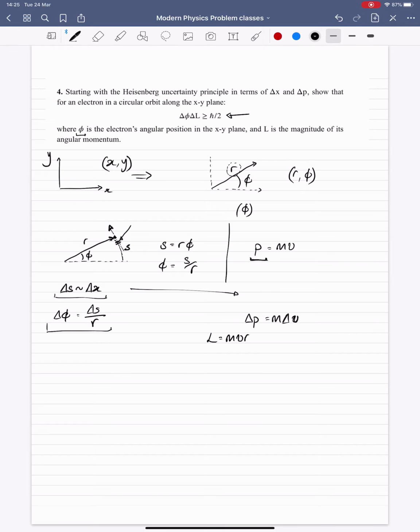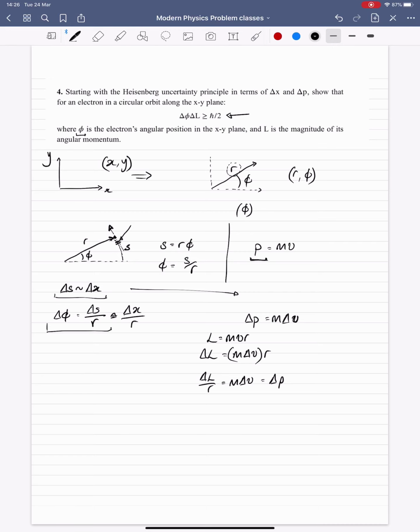Then delta L is equal to m delta v times r, and if we divide both sides by r, that is the same as just delta p from the top. Approximately equal to delta x divided by r.